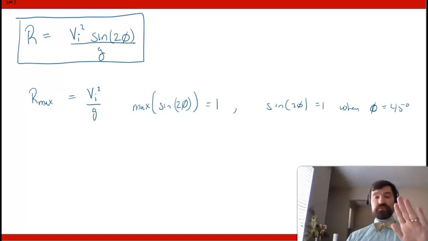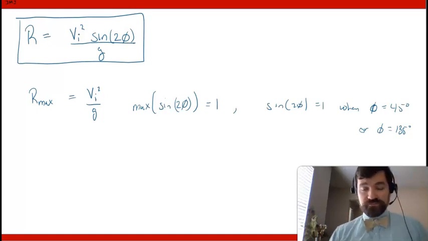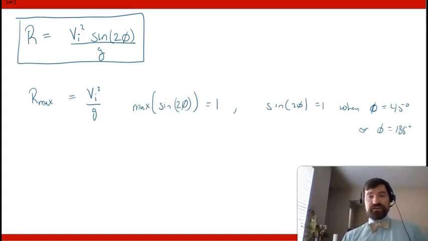It'd just be that it's going in the opposite direction. So phi equals 135 degrees will also work here, as it turns out. As it further turns out, this would give a negative value for the range, and so that is essentially equivalent to shooting one way or shooting the other way.